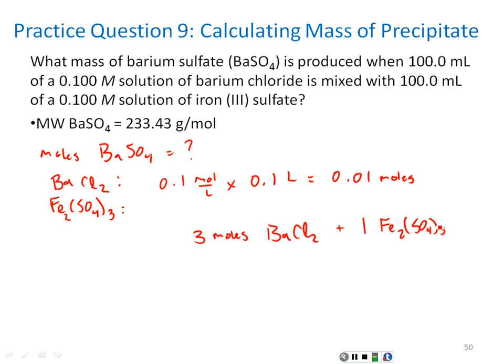That is the one that's used most. We have the same number of moles of each. So we look back at the coefficients in our molecular equation, and we see that for every 1 mole of iron sulfate, we're going to need 3 moles of barium chloride. So if we assume that this reaction goes to 100% completion, barium chloride would be the limiting reagent.